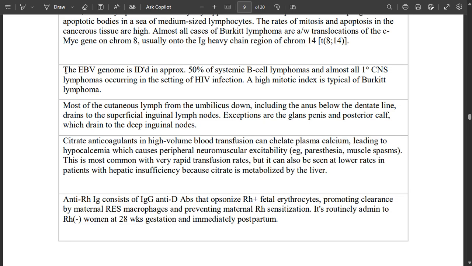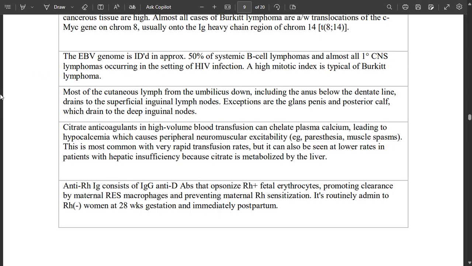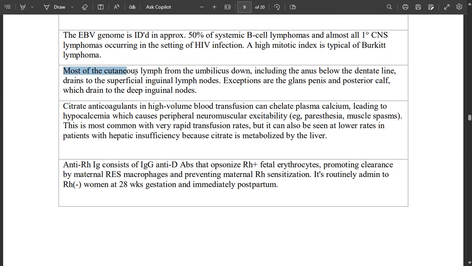If there is a high mitotic index, that equals Burkitt's lymphoma, and the EBV genome is identified in approximately 50% of systemic B-cell lymphoma and almost all primary CNS lymphoma occurring in the setting of HIV infection.